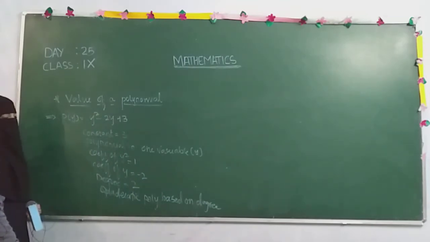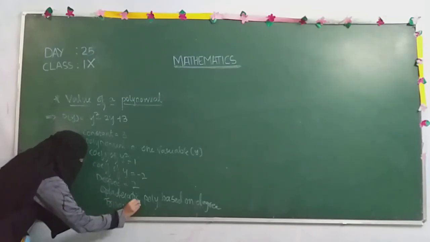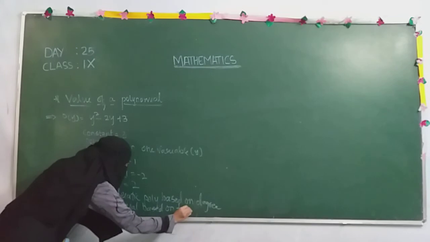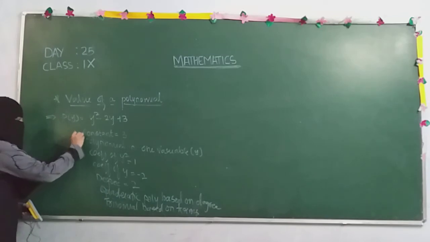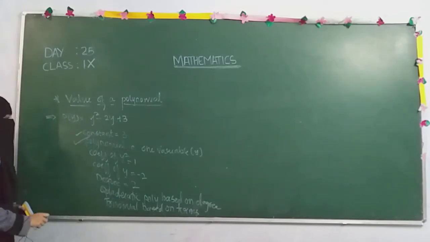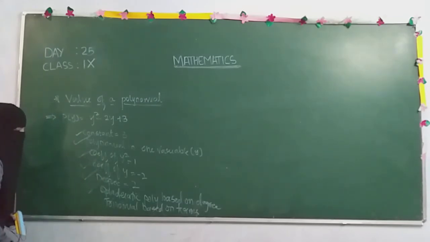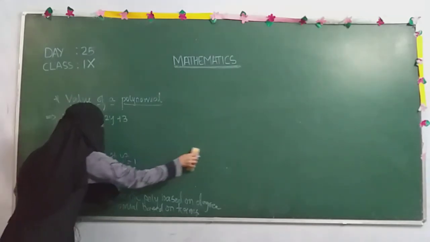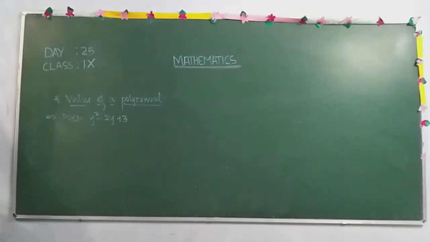Now based on terms, 1, 2, 3. 3 terms, trinomial, based on terms. Hopefully it is clear. We have recapitulated the constant, polynomial in how many variables, how to find the coefficients, then what is degree, then based on degree which type of polynomial, based on terms which type of polynomial. Okay, so let's focus on the concept of finding the value of a polynomial.